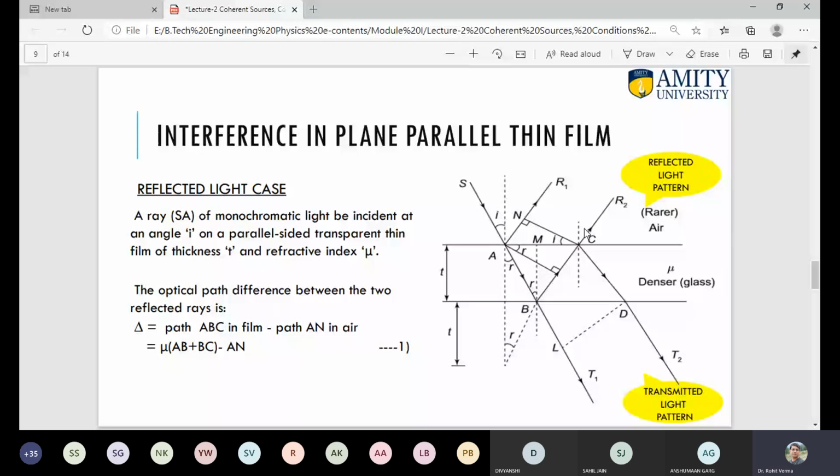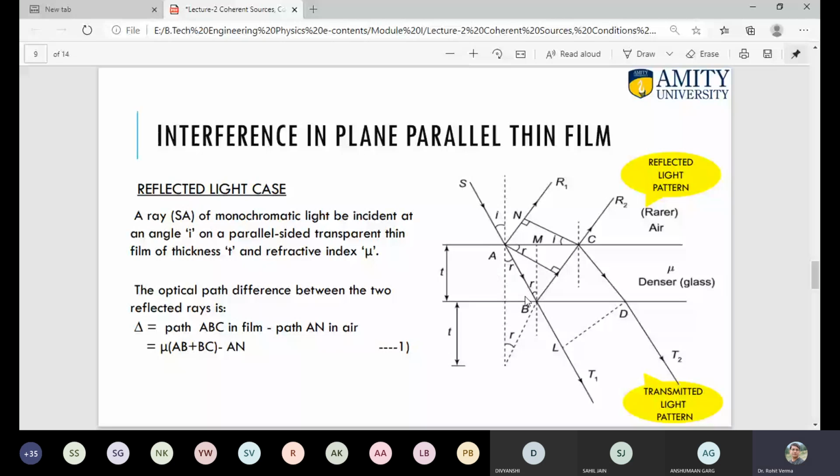So the difference of the path lies before the point N. Therefore, if we write the path difference between the two rays R1 and R2, then it will be path ABC, which means AB plus BC in the film.